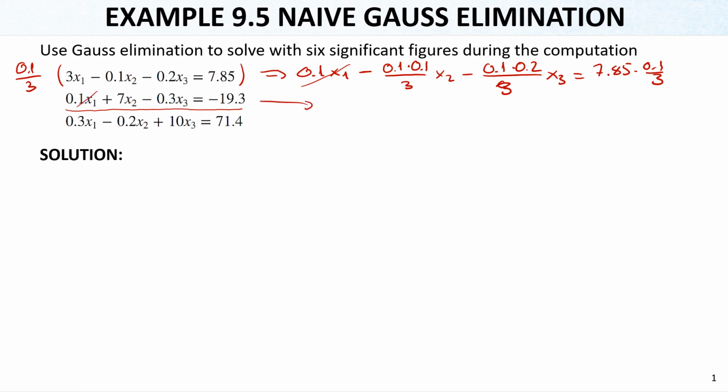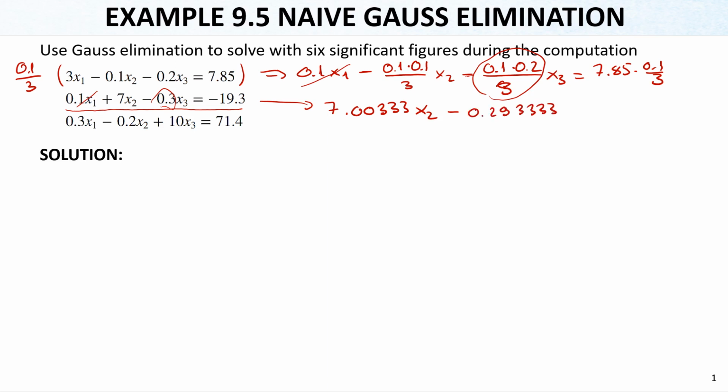Then the second one will be simply from here. This is a very small number, so if we subtract this from 7, actually it's a summation, so it becomes 7.00333 x2 minus here 0.3, and this one, so we subtract this, but there is a negative, so it will be a summation, and this is negative, that's why 0.293333.